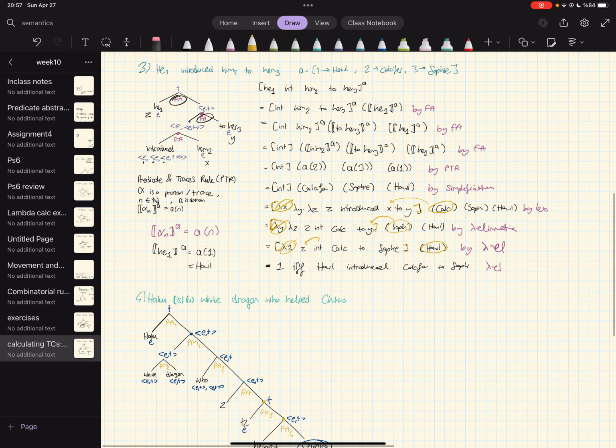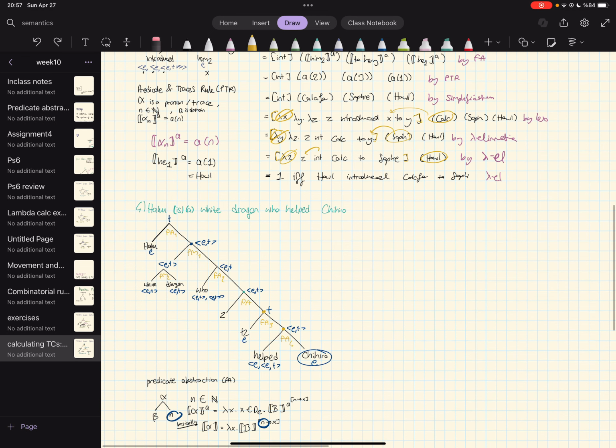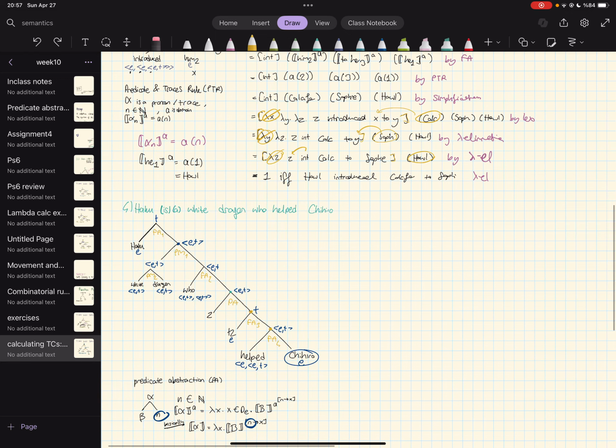Because remember, I write our calculations like this, and this will make the whole process much easier to follow. Now that we have assigned our types, and we have also determined which combinatorial rules we're gonna need to use, we can finally start calculating our truth conditions.